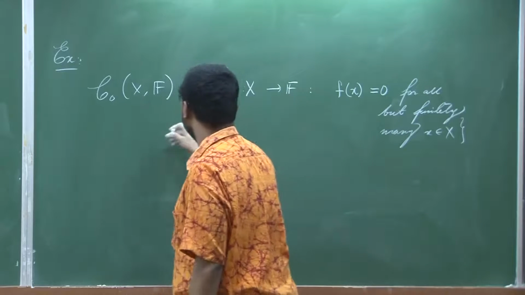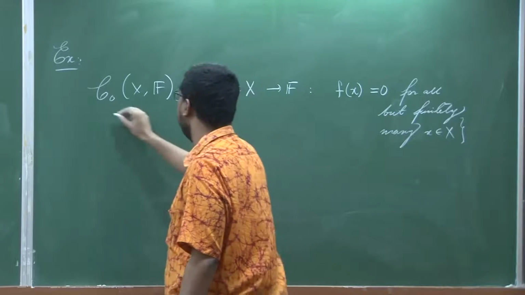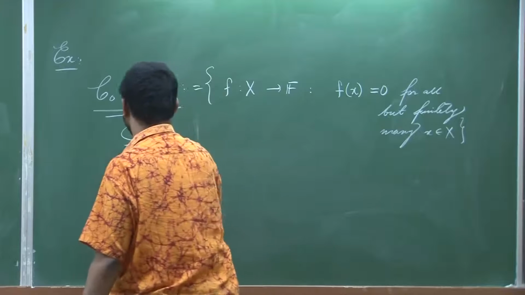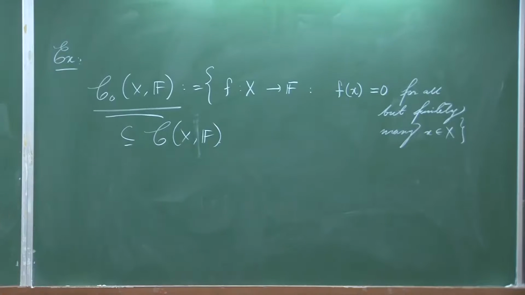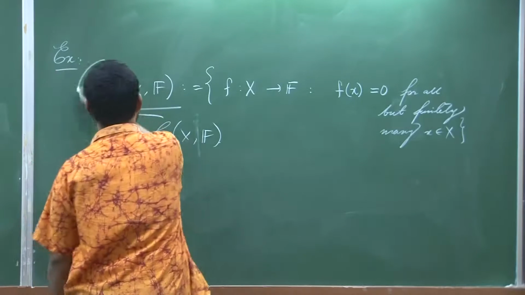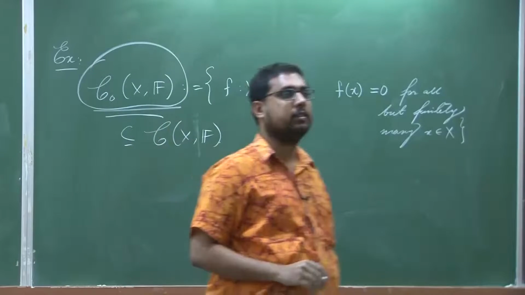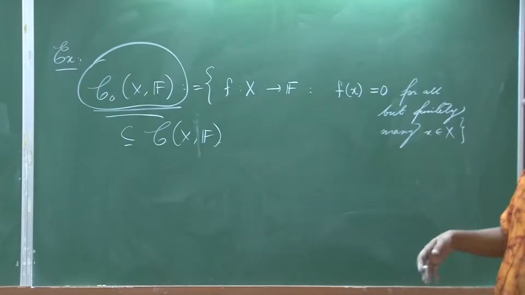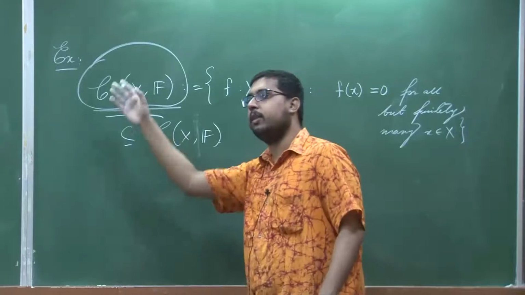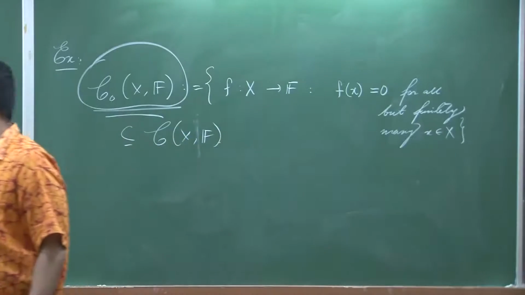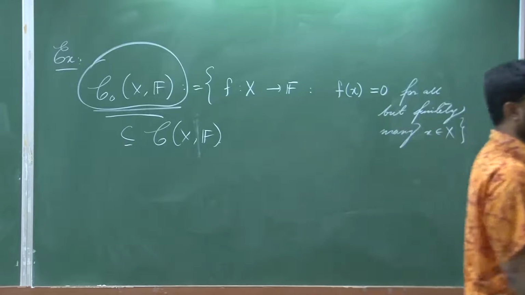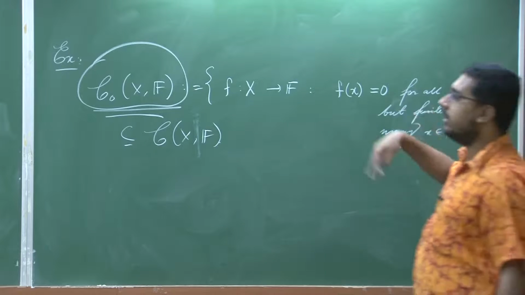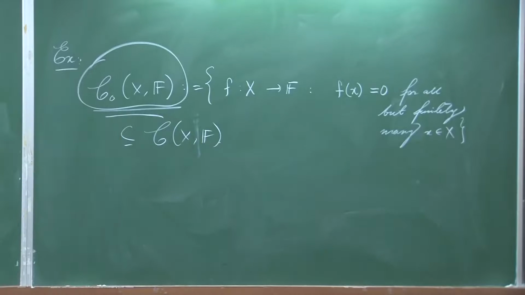Now, since this is a subset of this vector space, in order to show this is a vector space over F, we will check that this collection satisfies the three properties in the theorem that I have discussed before, so that we do not need to check all the properties in the definition of a vector space.